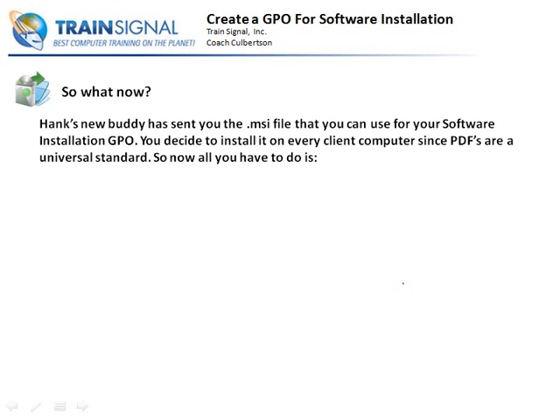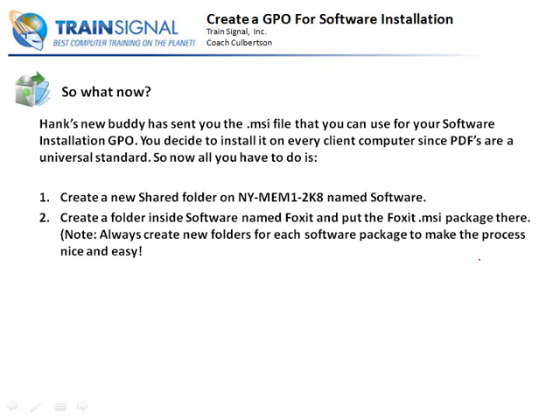Now you decide that you're going to install on every single client computer because, well, PDFs are a universal standard, and there's never going to be a user probably in the company who's not going to need to actually view a PDF. So here's what we're going to do to install this software on every single computer. We're going to create a new shared folder on mem1, and we're going to name it software. We're going to create a folder inside of software named Foxit.